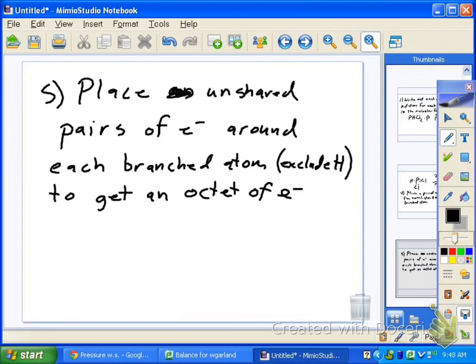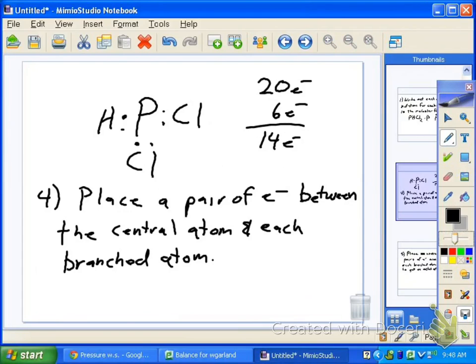So we go back and we have 6 used up. Now we're going to start putting some of these electrons around the branched atoms. Not going to do hydrogen. So 2, 4, 6, 8, 10, 12.